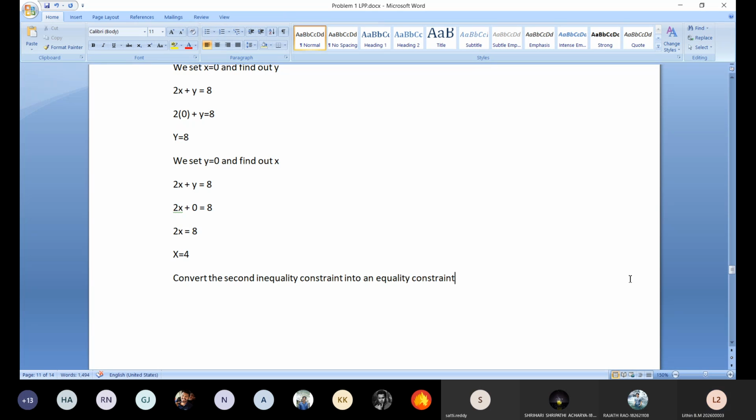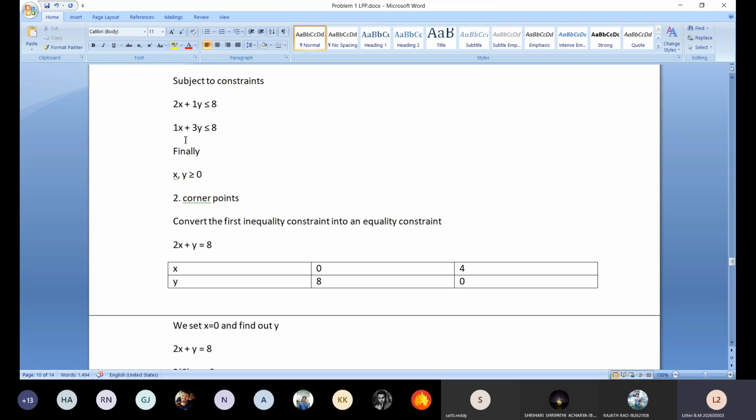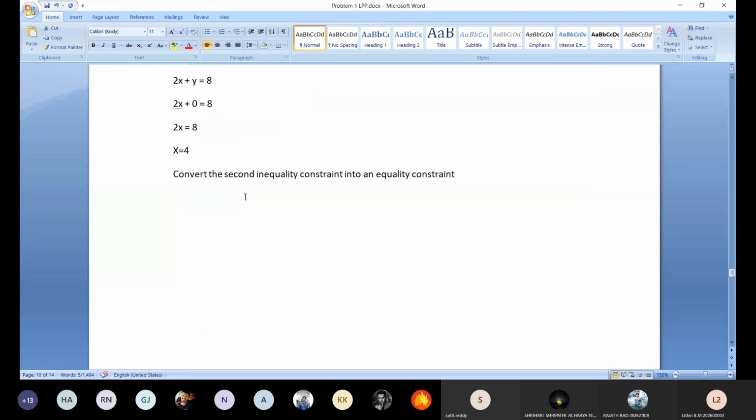Now we shall see what the second inequality constraint is. This is the second one: x plus 3y is less than or equal to 8. So that will become x plus 3y equals to 8, right?